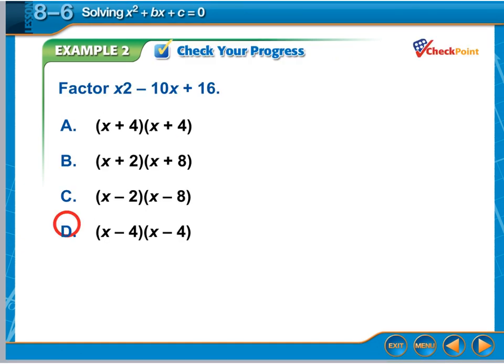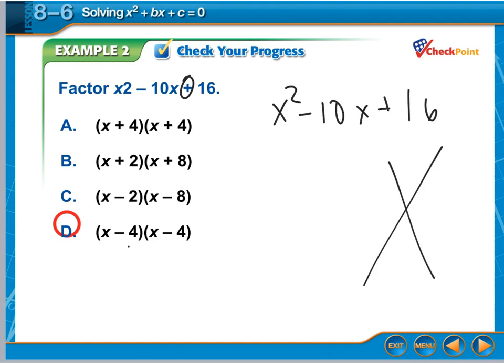All right, so here we go. Again, if this is positive, that means my signs have to be the same. So you notice all these are both positive or both negative. They're all same signs. When that number's negative, then we have to have one of each. So we've got x squared minus 10x plus 16. In my box, I could go 16 and 10.